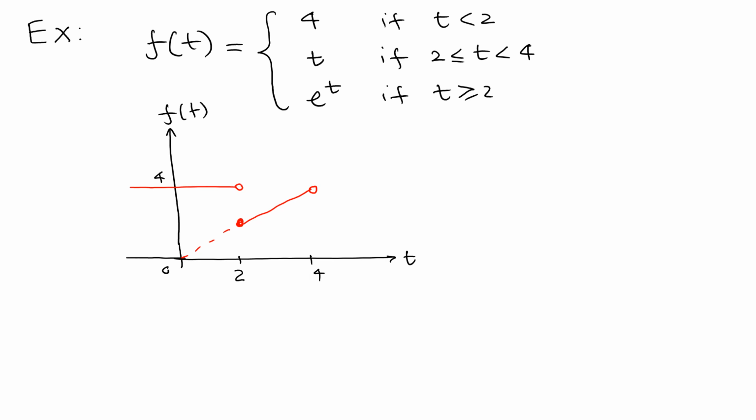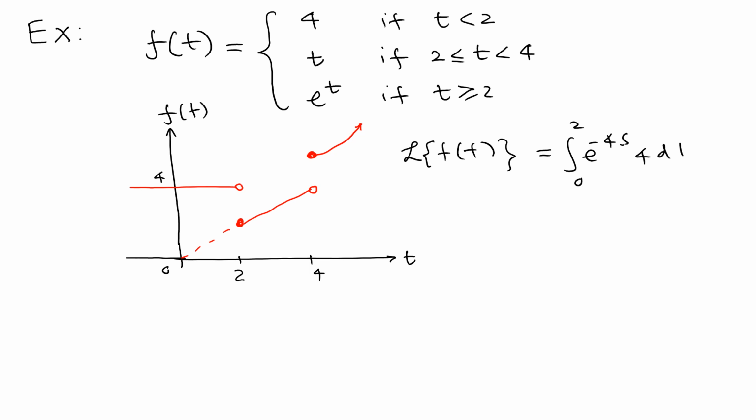So what you do in this case, as before, you can split the integral into 3 parts. So you can write it like this. It's the Laplace transform of f(t). You can write this one as 3 integrals. We have a first integral going from 0 to 2, e to the negative st times 4 dt.